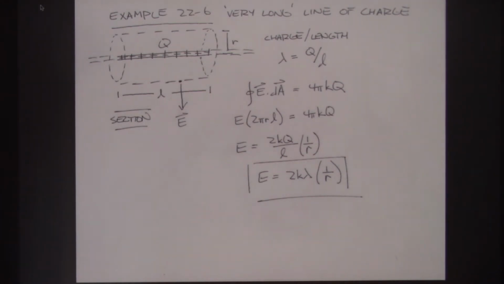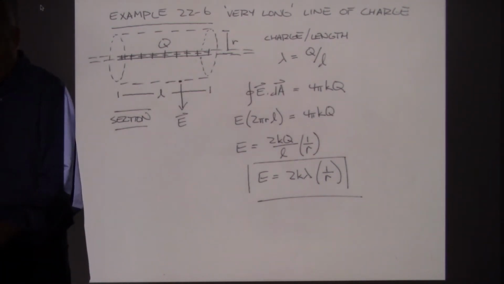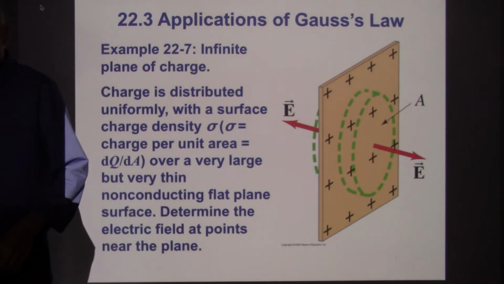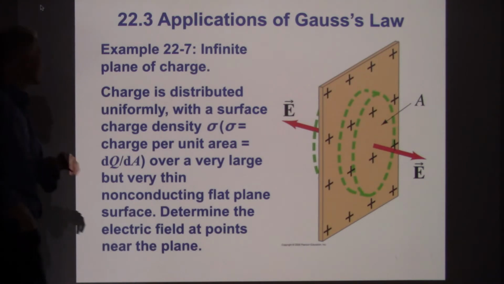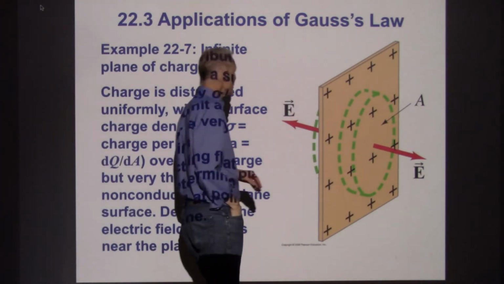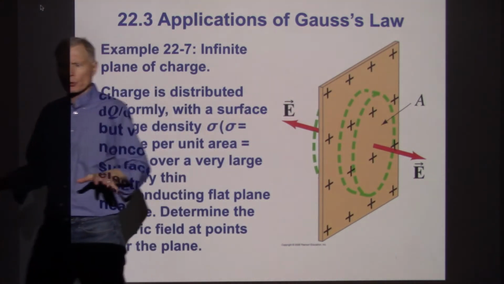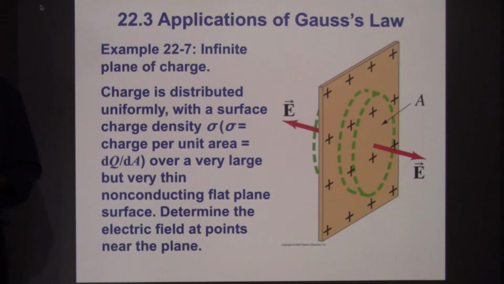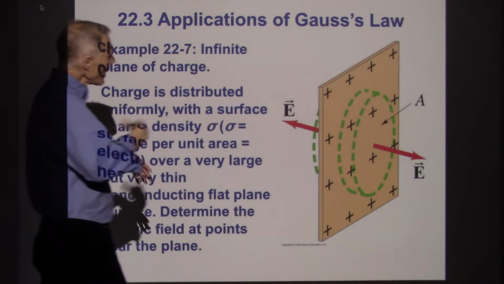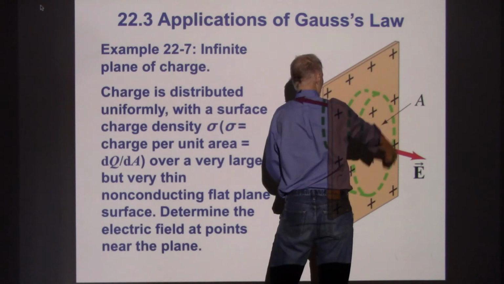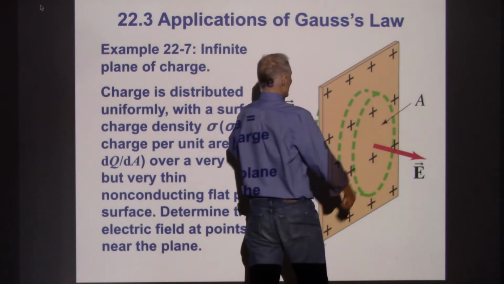All right. Okay, one last example. With shapes of charge distributions, what if we had a surface just covered with charge? Could I use Gauss's law for that? Now, these always get represented as squares, but let's not think of it as a square.